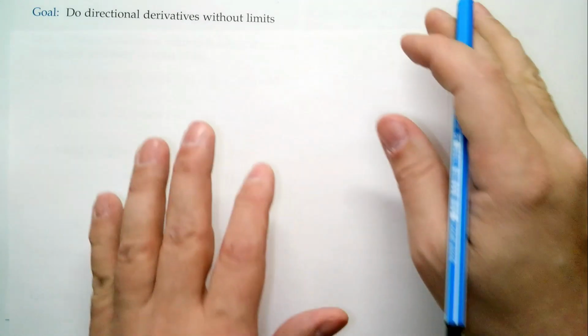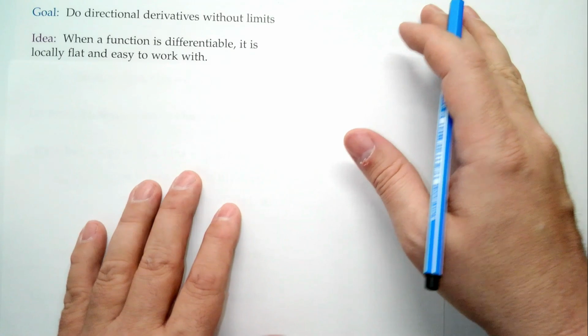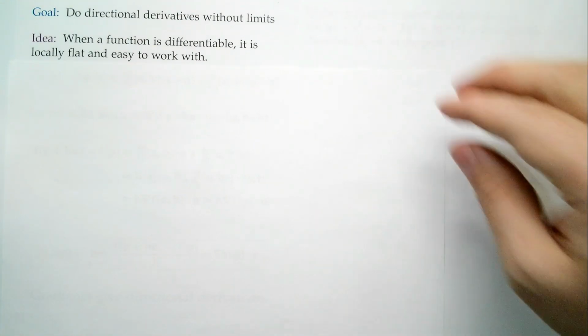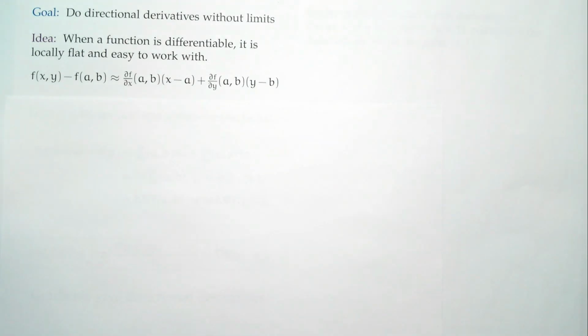Okay, so here we go. Let's find out. Well, no surprise. When a function is differentiable, that means it's locally smooth. But really, it means it's easy to work with. So let's see what happens. So we know that f of x, y minus f of a, b is approximately partial f partial x at a, b times x minus a plus partial f partial y at a, b times y minus b.